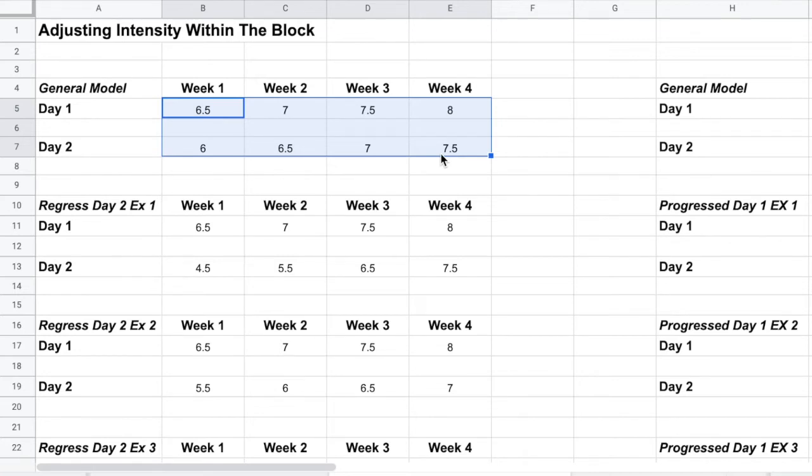Now we're going to change our block structure, and we're going to run that to create some stimulus before we even come back around and change the structure of the daily. That's why there are so many steps we can take before just saying, let's add one more top set. We can literally adjust every aspect of every part of the program before coming back around and adjusting that top set to need more progression.